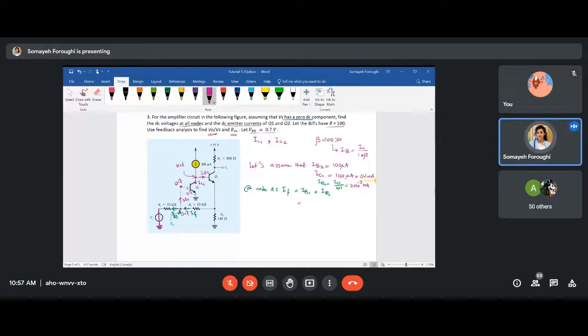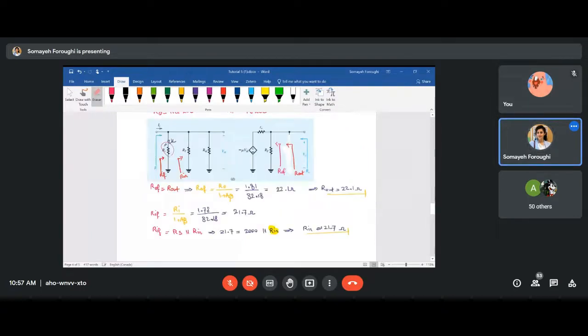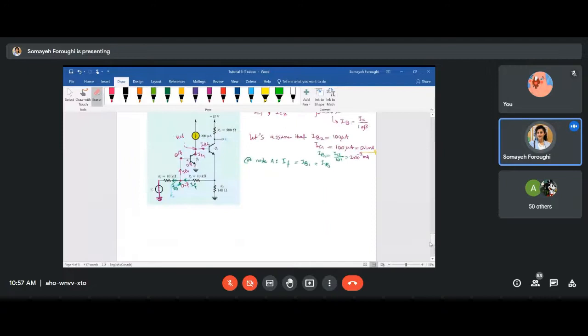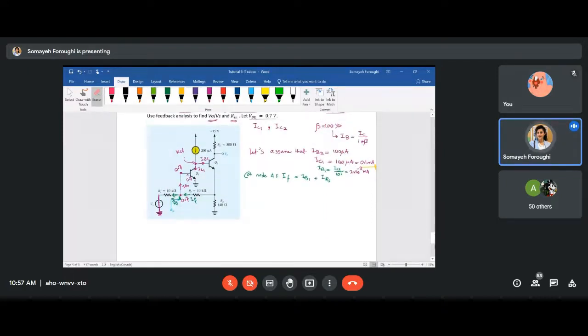Okay, it's pretty easy. You can also find your IRS, the current passing through RS. That's simple. For finding IRS, you would say that the voltage is 0.7 over 10K. And then finally, you will have 0.07 milliampere.